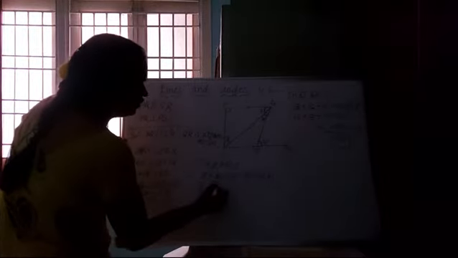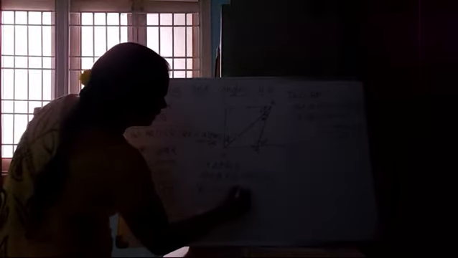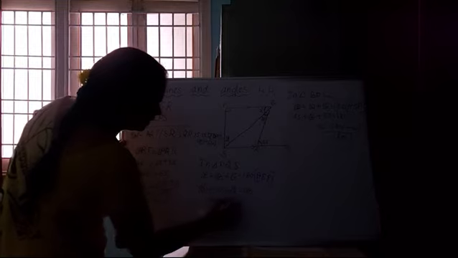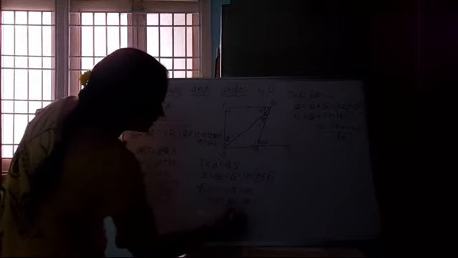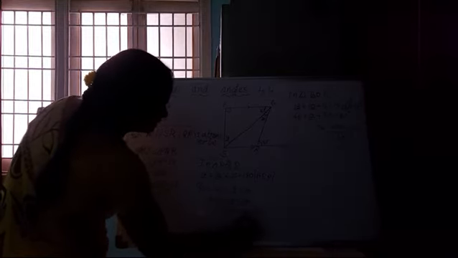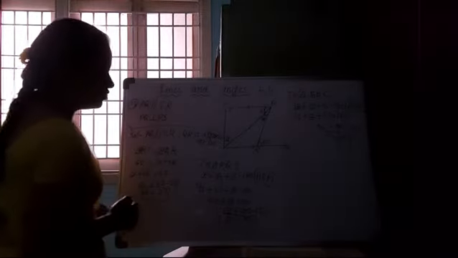Angle Q we knew, X is nothing but 37 degrees. Angle S, angle Y. So 90 plus 37 is 127, plus angle Y is equal to 180. So angle Y is equal to 180 minus 127, that is 53. Angle Y is equal to 53. Angle X is equal to 37.